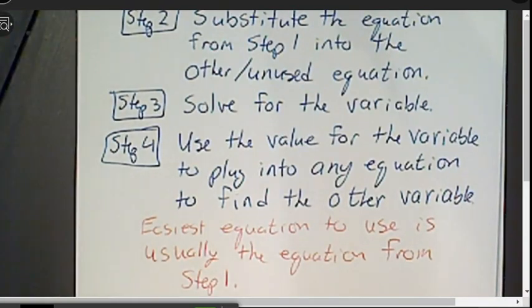Again, there may be exceptions, and sometimes you may think it's easier to plug into a different equation, but generally speaking, that's going to be your easiest one to solve.